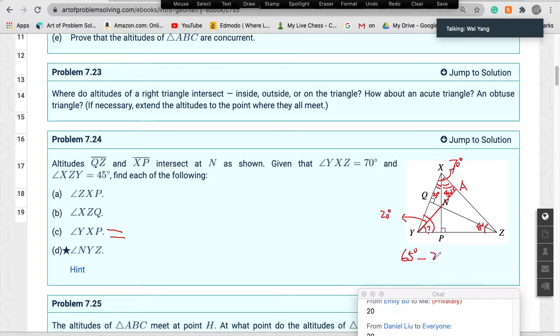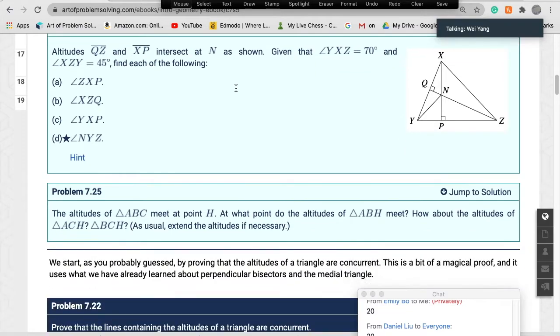So 65 minus 20 degrees will equal angle NYZ. This one should equal 45 degrees. So that means this angle, question mark, equals 45 degrees. Everybody got it? Okay, so this one's a little bit hard.